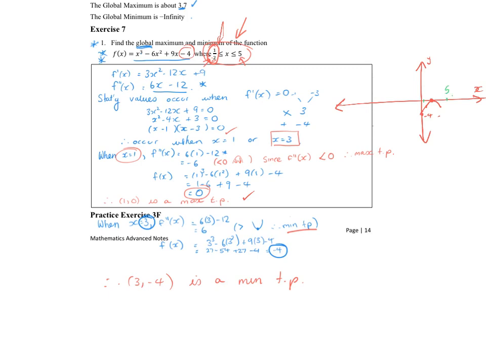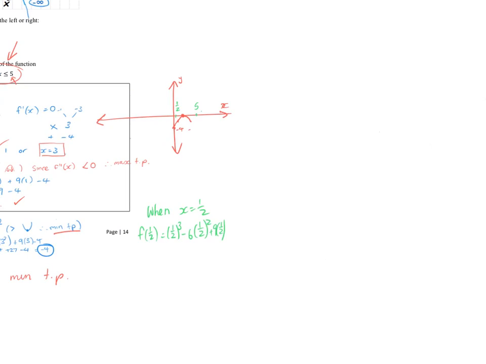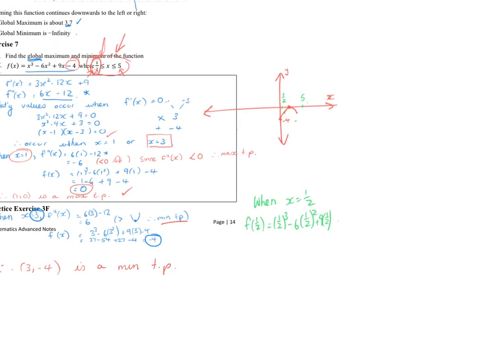So what's happening at these 2 values? When x equals a half, what's happening to the function? We put it into the equation of the graph. So this becomes a half cubed minus 6 lots of a half squared plus 9 lots of a half, minus 4.